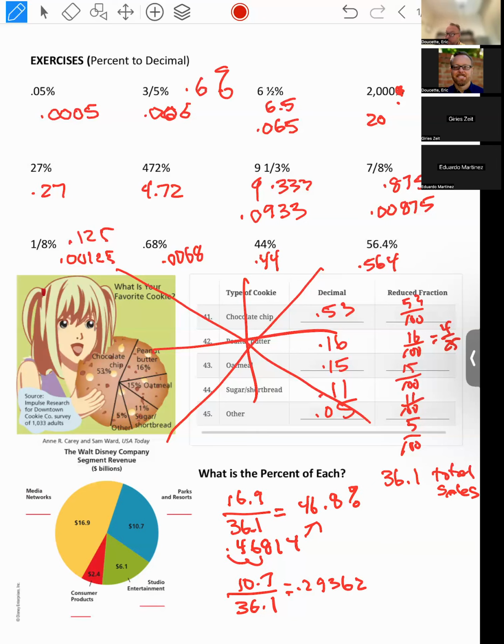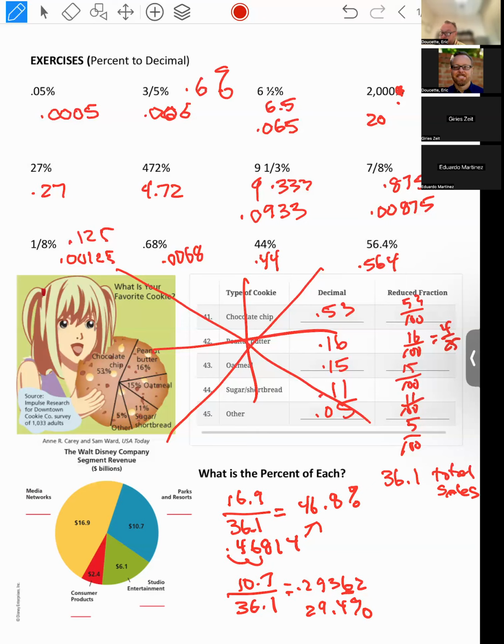So if I did 0.2936, what does that come out to in percentage? It would be 29.4%. So I would round that 3 up by using the 6 that's after it, right? Whenever it's 5 or above, you round up. Whenever it's below, you would round down. In this case, we're going to round up. So it's 29.4% of their parks and resorts sales.